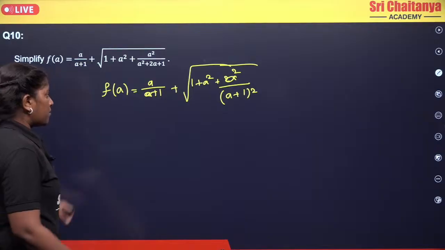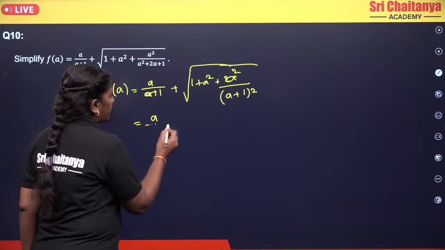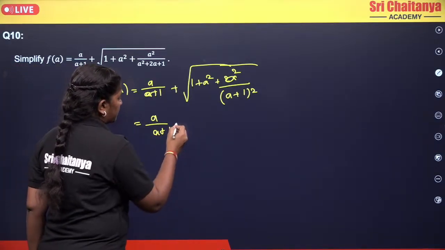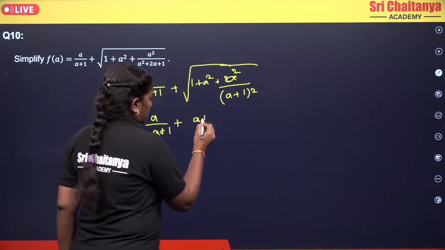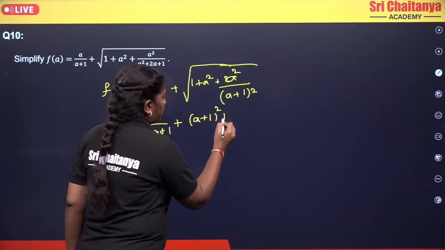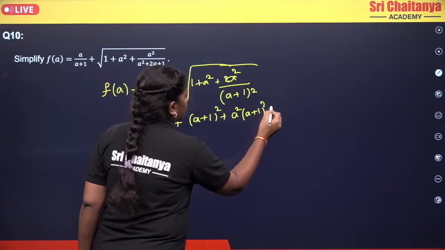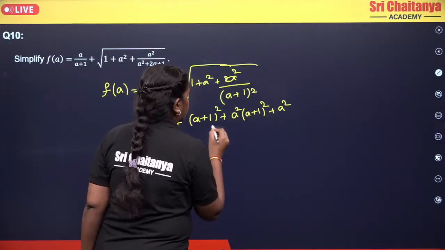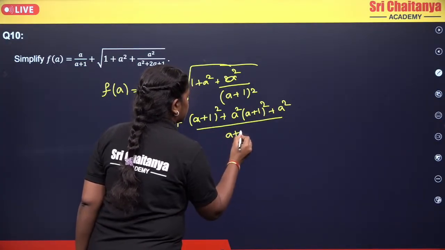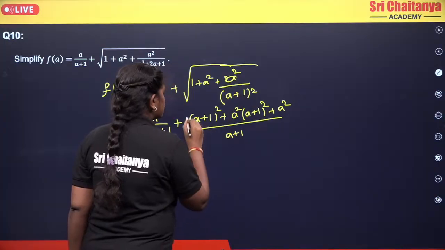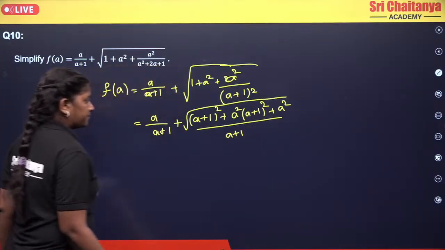Now coming to here, we can take it as a by (a + 1) plus ((a + 1) whole square plus a square) into ... by (a + 1) whole square. Square and root will get cancelled, so we can take it as (a + 1). Clear?